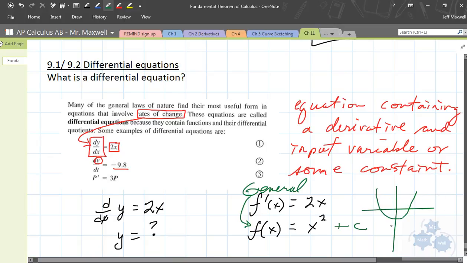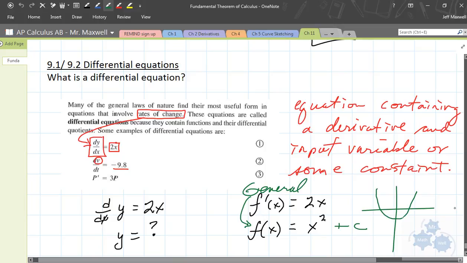We're not really sure, but we know that the function would form what looks like, in this case, a parabola, but it may be shifted up or down some ways, and we don't know what this constant would be.